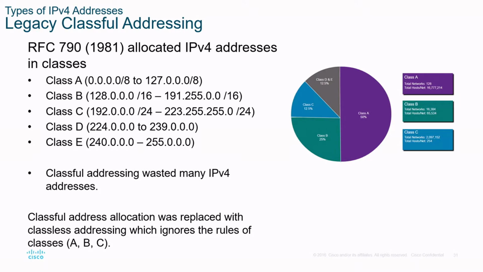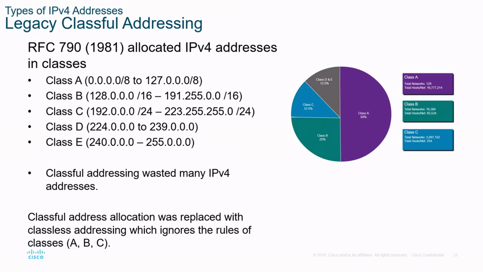They show you this in a pie chart. On a class A, we can have 16 million hosts. That's a lot of hosts. You're not going to build a LAN with 16 million hosts on it, because the way IPv4 works, it would be very bad. Classful addressing wasted many IPv4 addresses, so we got NAT.